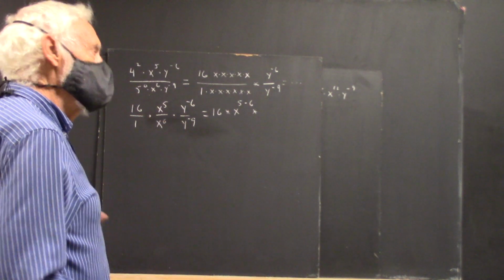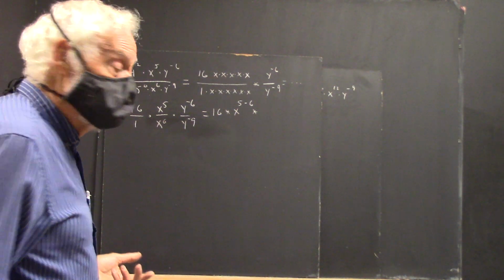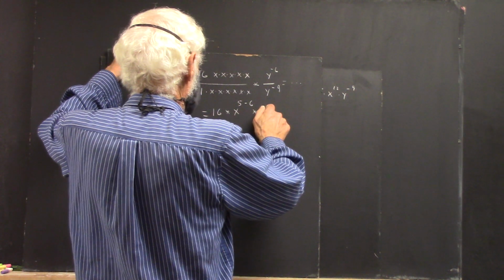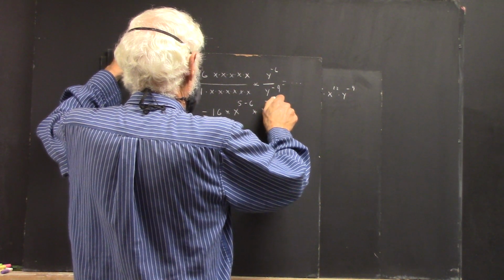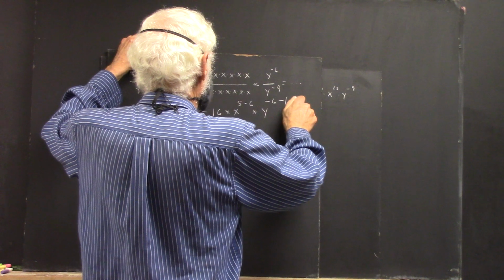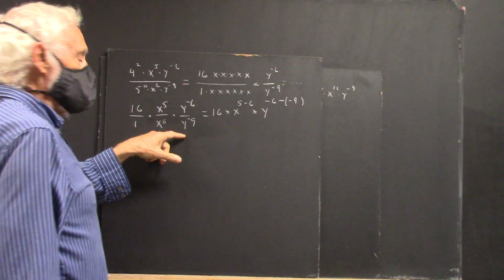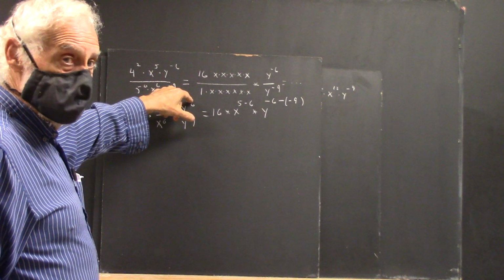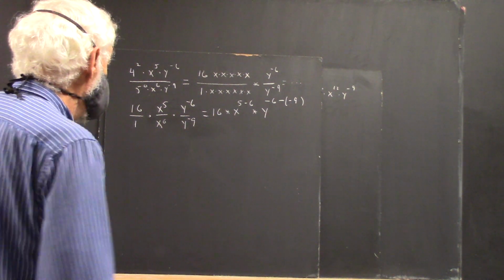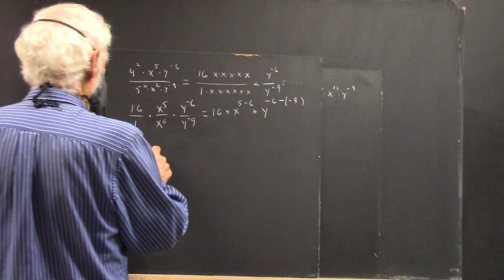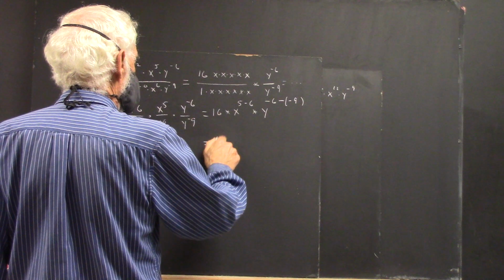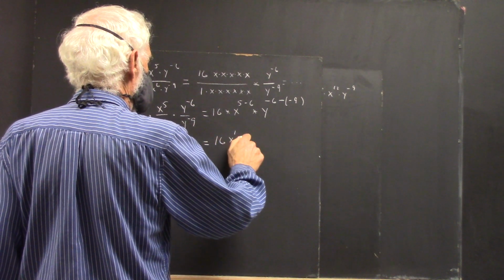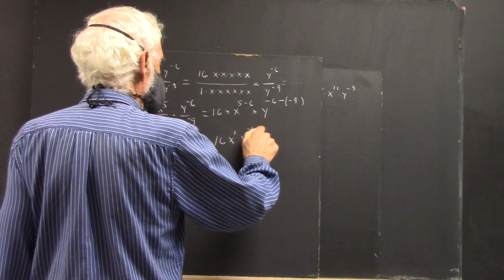When it comes to negative exponents, it might be a little harder to visualize, but the rule still works. It's y to the negative 6 minus negative 9. Subtract the power of the denominator from the power of the numerator. And now this equals 16x to the 1, y to the negative 6 plus 9.